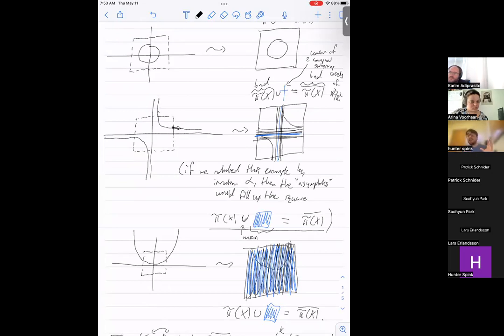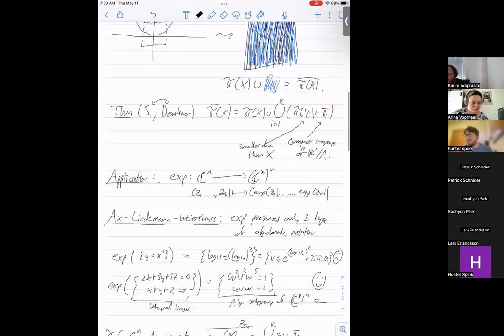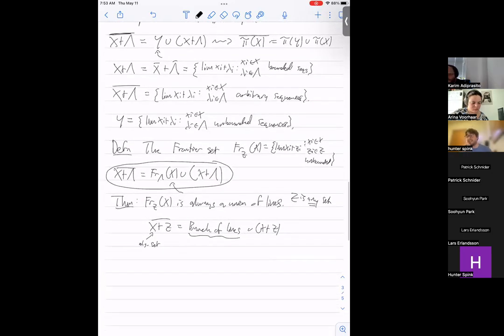So when I ignore the bounded part of an algebraic set, if I look way off to infinity, everything looks like a line, or in higher dimensions, it's going to look like a variety times a line. It's going to look like something that's stable under addition by a line. And it's this property of the set at infinity, really far away, that is going to make it so that we're able to prove such a statement, that the closure of X plus Z is a bunch of lines union X plus Z.